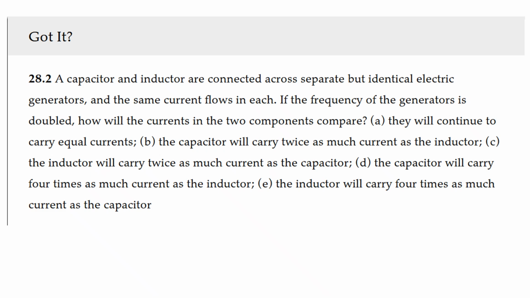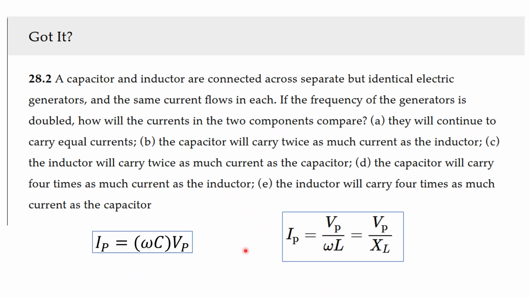Well, let's see. Remember that for a capacitor, the peak current is directly related to the frequency. And for an inductor, the peak current is inversely related to the frequency. So if we double both of these frequencies, both of these omegas, how will the currents compare?